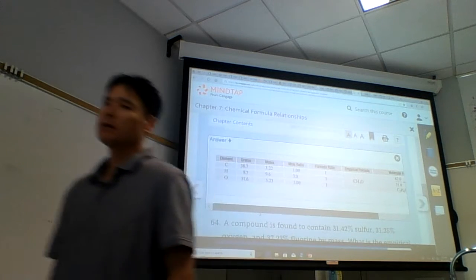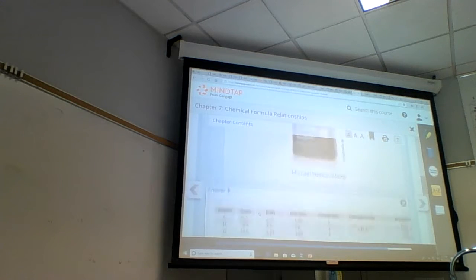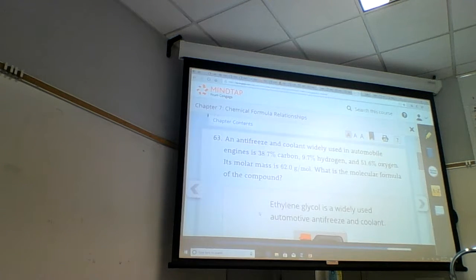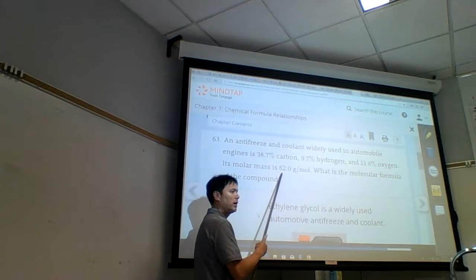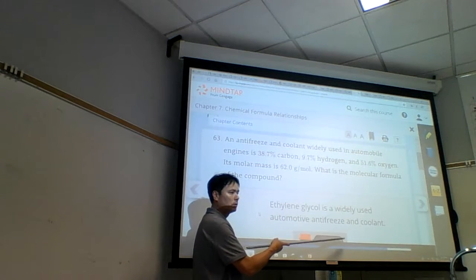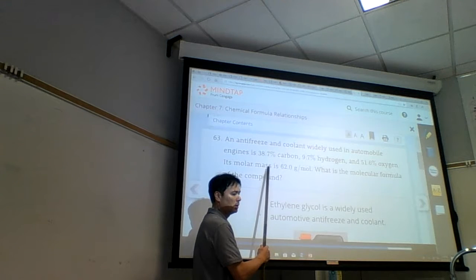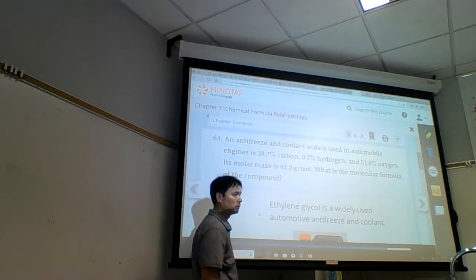Was that right? No, that's not right, because what they told us is that a molecule of this weighs 62 U, and a mole of molecules weighs 62 grams. Do you see the mass of the empirical unit does not match the mass of the molecular unit, and therefore they aren't the same thing.